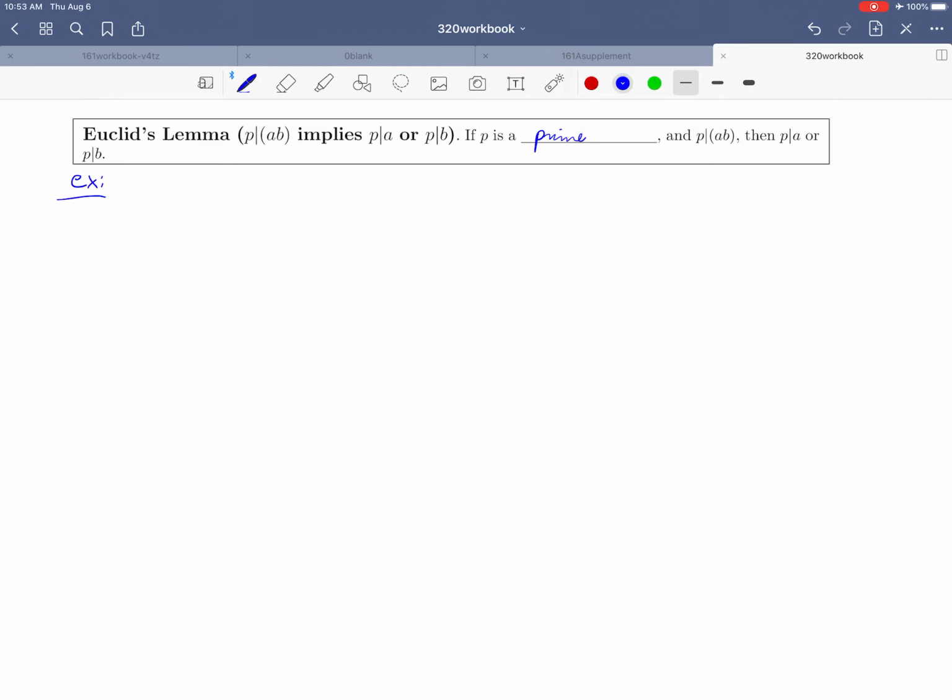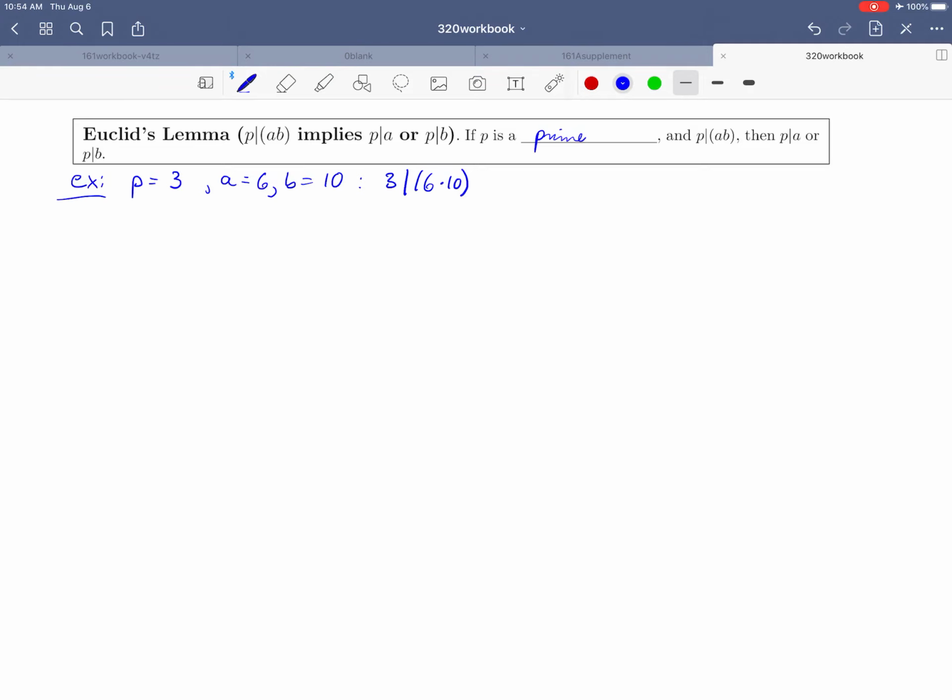Euclid's lemma needs a prime. So let's say we're looking at a prime P equals 3. And let's say that A is equal to 6 and B is equal to 10. Then it is true that 3 divides 6 times 10, that is, 3 divides 60. That is certainly true.